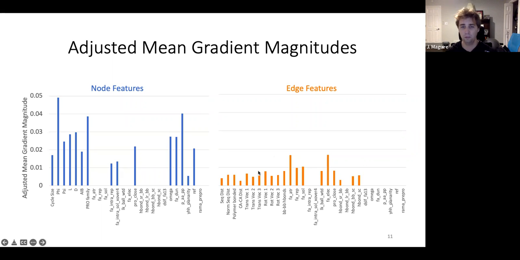For the most part, everything is relatively flat. Same with the nodes, the smallest ones. Like the tyrosine planarity term measures that the hydrogen at the tip of the tyrosine is in plane with the ring of the tyrosine.